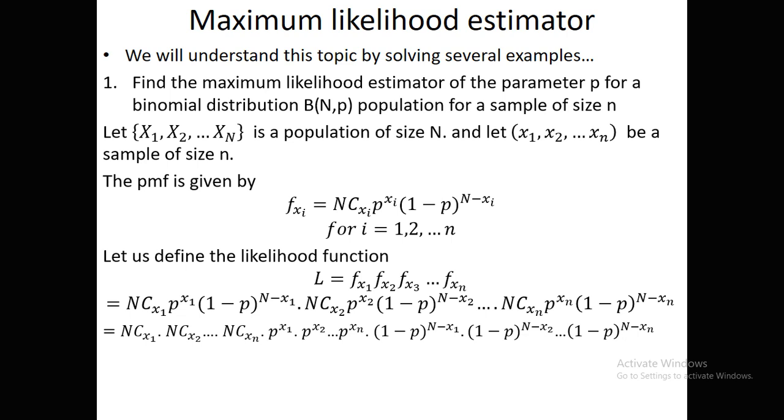Remember that it is the likelihood function capital L. It is the product of all probability mass functions, that is f of x1 into f of x2 into f of x3 dot dot f of xn. So it is just a simple product.